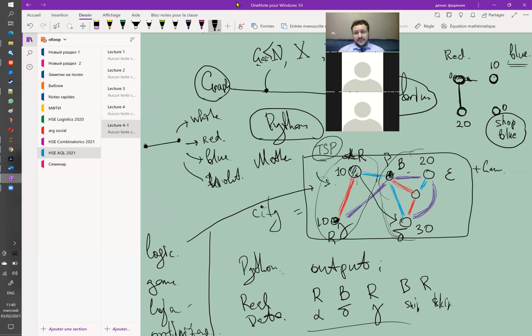And based on this information, we can say that if it is optimal for blue, then blue knows something that we don't know. What kind of information? If there are no roads here, it's not optimal for the blue player. Why would he place a shop in a block that is not connected to customers? No reason. We think that our opponent is rational.